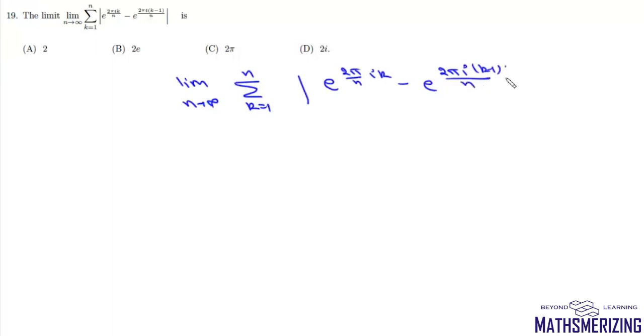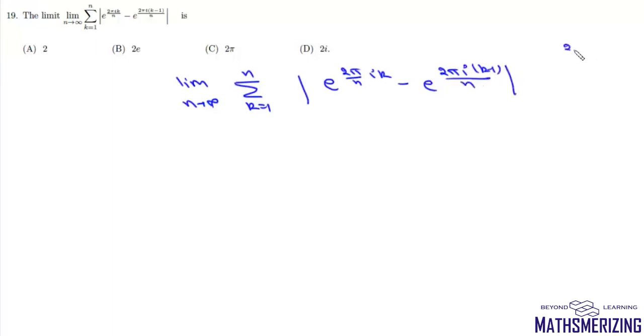Now question number 19 is, we need to find this limit, which is limit n tends to infinity, summation k varies from 1 to n of e to the power 2 pi iota k upon n minus e to the power 2 pi iota (k minus 1) upon n, in modulus.